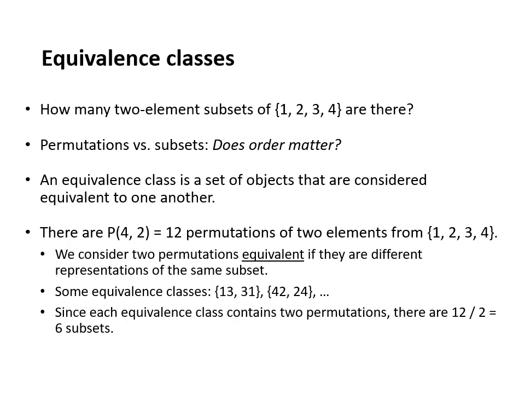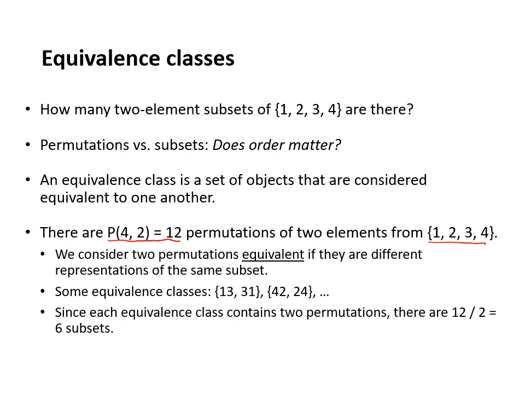Okay, so let's try to derive the formula for the number of subsets by starting with the expression that we have for permutations. We know that there are P of 4, 2, which is equal to 12 permutations of 2 elements if we draw them from this set 1, 2, 3, 4.